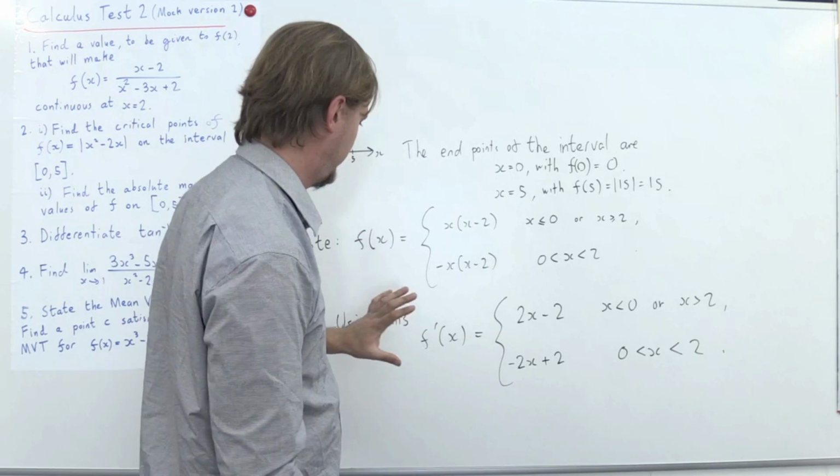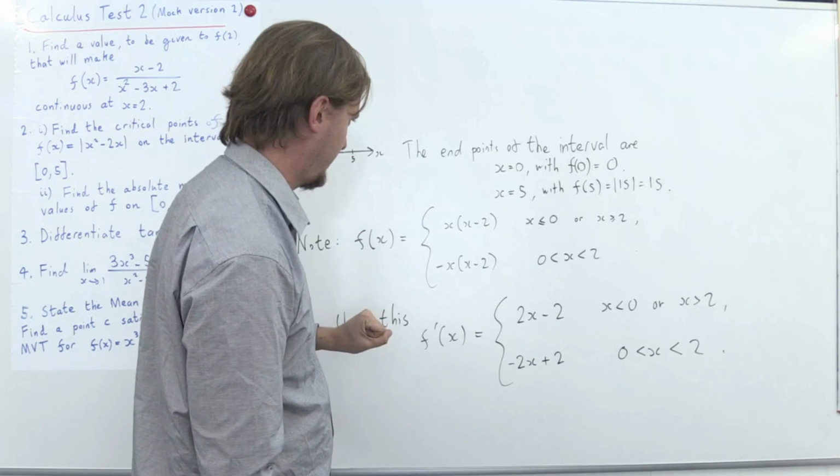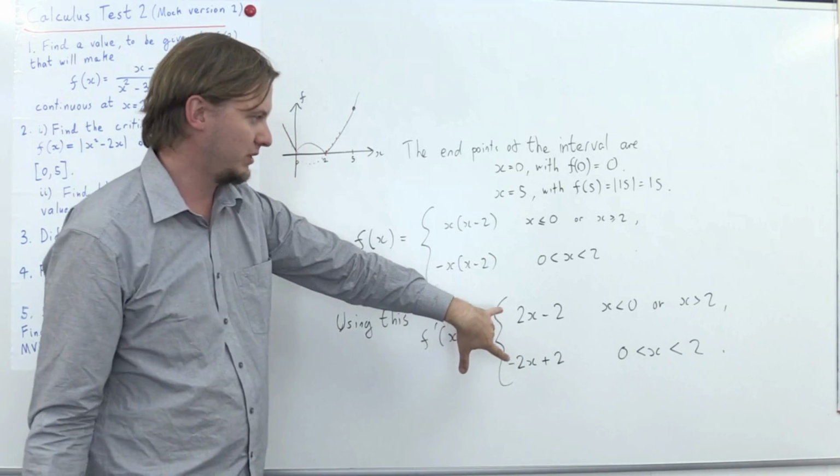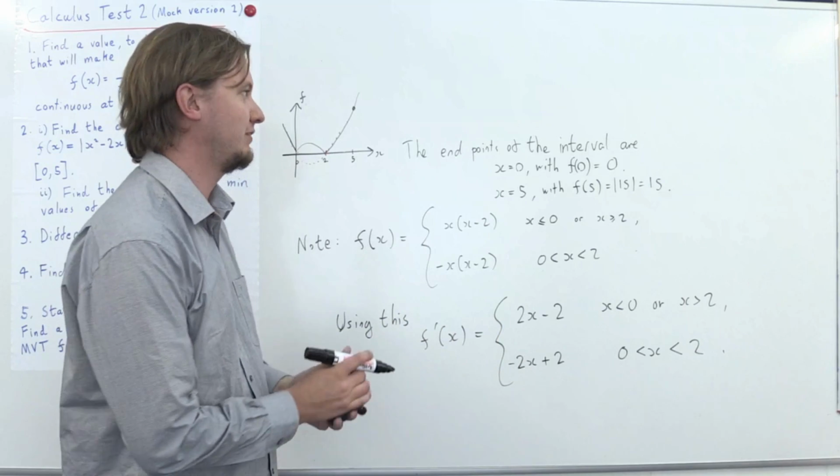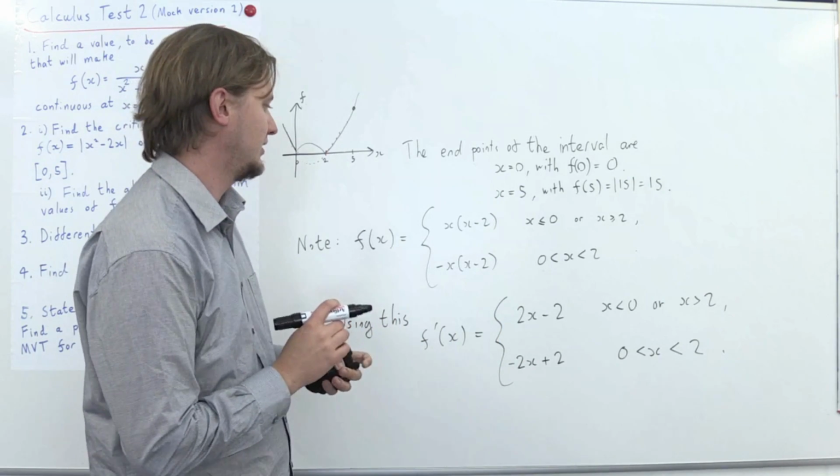So away from at least 0 and 2, we have formulas for the derivative. 0 and 2 themselves, I'll have to come back and check.